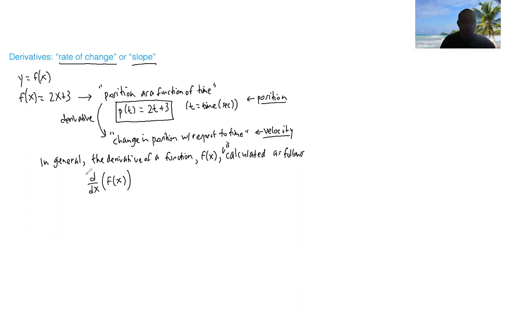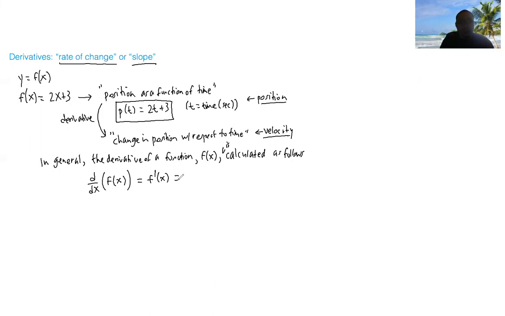And here's a shorthand way of writing that: f prime of x, so the derivative of f of x. So these two terms are equivalent. So you can write whichever one is more convenient for you.